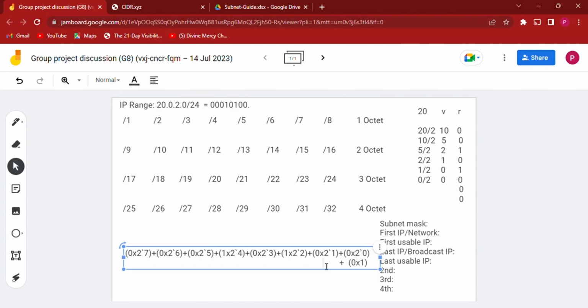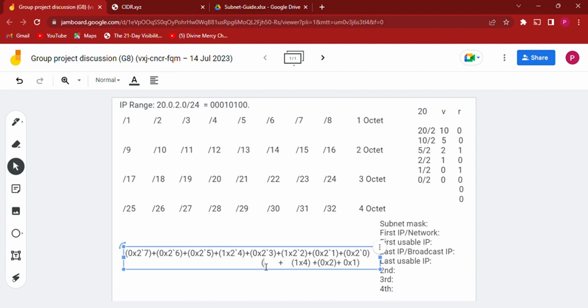Plus 2 raised to the power 1 is 2, so 0 times 2. Plus 2 raised to the power 2 is 2 times 2, which is 1 times 4, because 2 raised to the power 2 will give you 4. I hope that much you remember. So we move on to the next one.